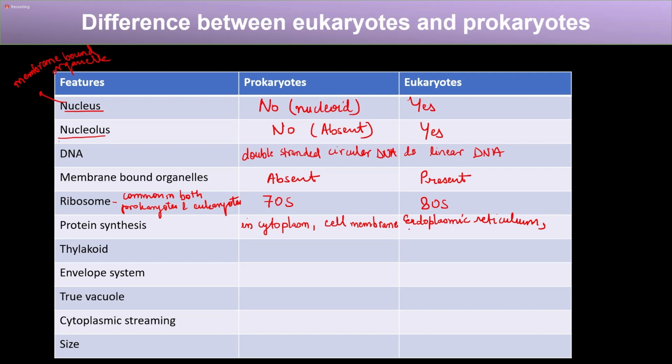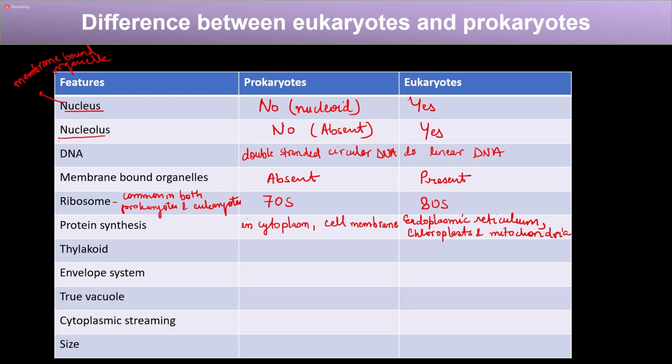Hence, protein synthesis also takes place in those organelles. Those organelles were chloroplast and mitochondria. So, in eukaryotic cells, protein synthesis takes place in the endoplasmic reticulum, chloroplast, and mitochondria.